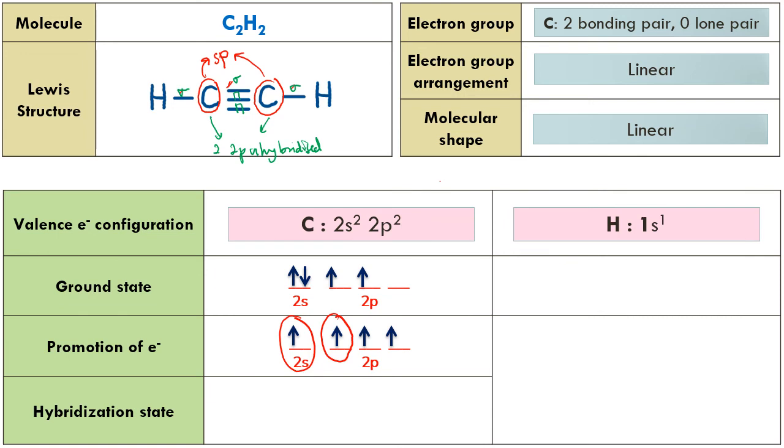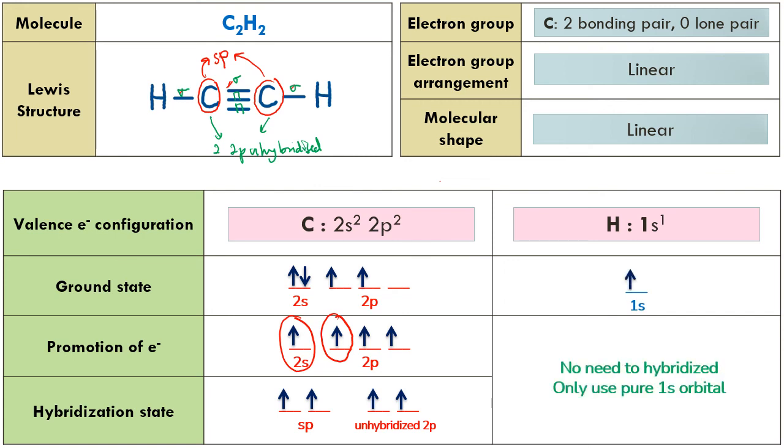So, kita akan ada 2 sp orbital and 2 unhybridized 2p orbital for each carbon over here. Okay, and for hydrogen, since ada satu saja bond yang diperlukan, so it needs one single electron. So, dia dah ada single electron kat situ, no need to hybridize, only use pure 1s orbital. Now, kita terus pergi kepada kita punya orbital overlap diagram punya lukisan.